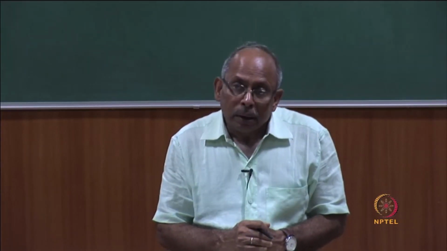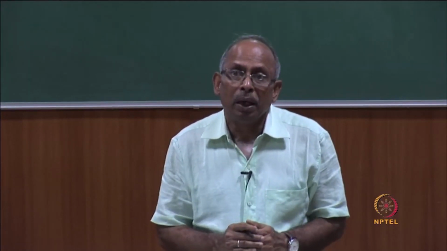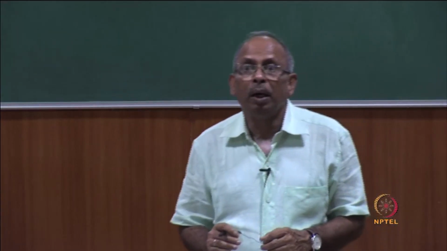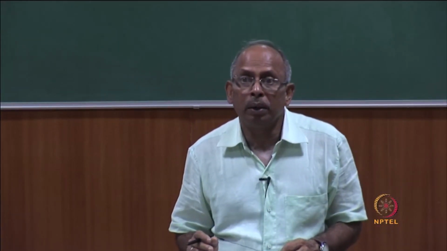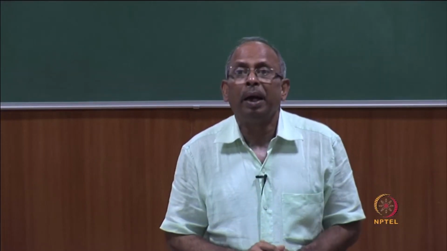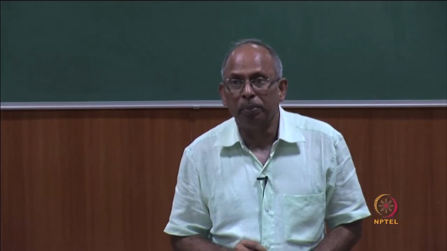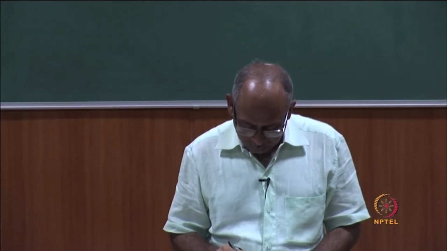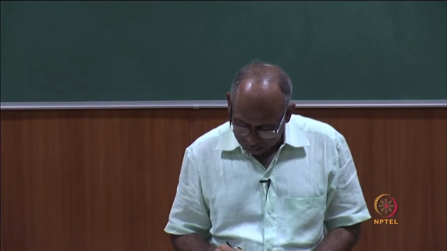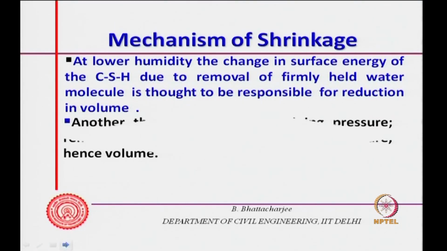Now, this results in forces causing a kind of pull within the material, and therefore reduction in volume. So, this is another reason, a collapse mechanism sort of. Adsorbed water removal can cause change in the volume or shrinkage.